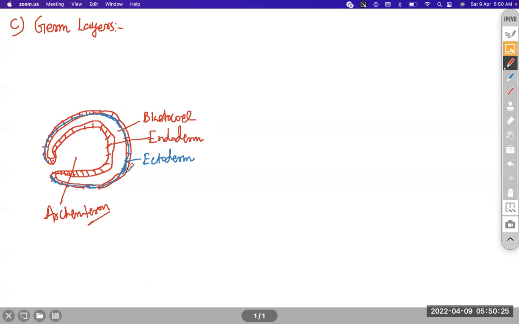Outer layer is ectoderm and the endoderm lines the inner cup. Later in the development, a third layer called mesoderm develops between these two layers.